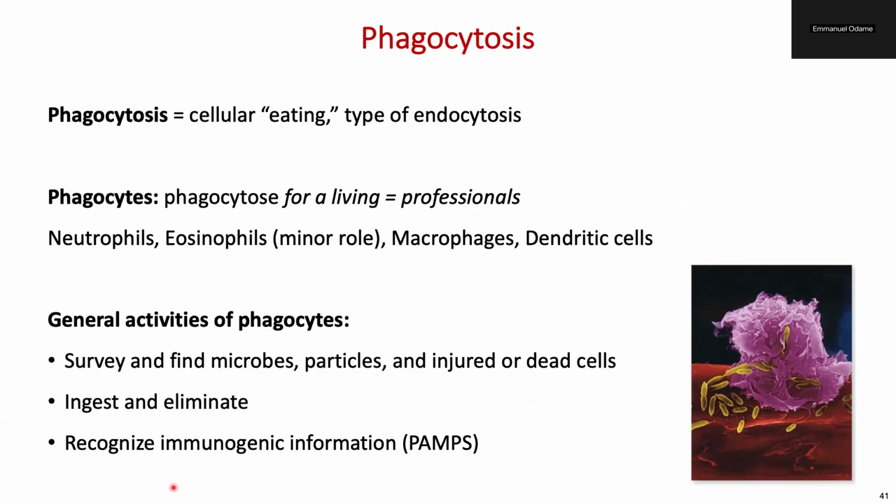And their role is to recognize immune information or the PAMPs, and then take control of the situation that they find themselves in. That is to get rid of any foreign organism present.